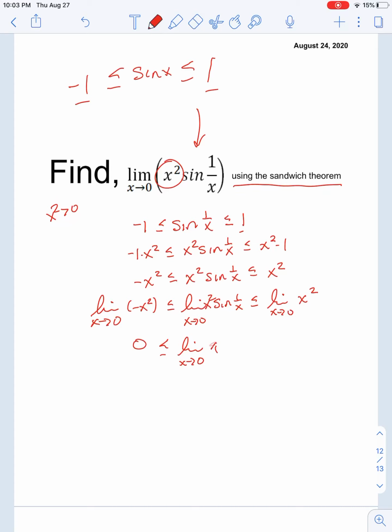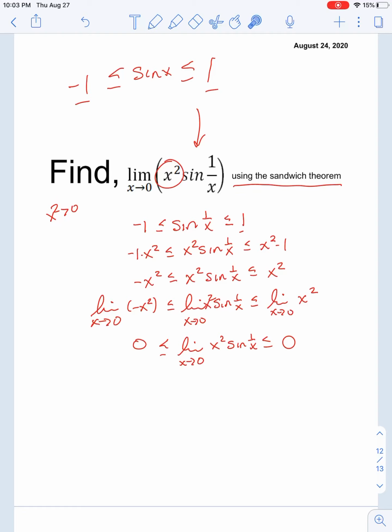And this is going to be x squared sine of 1 over x, and that's going to be less than or equal to, and again, on here, I can find the limit of this function, limit as x goes to 0 of x squared. By substitution, we plug in a 0, and we get 0.